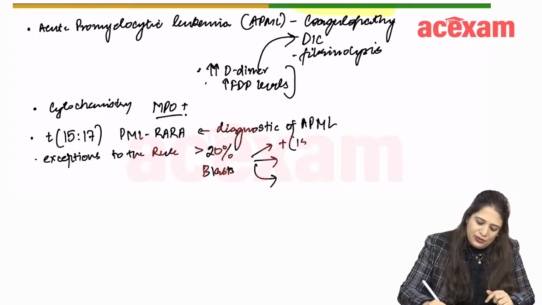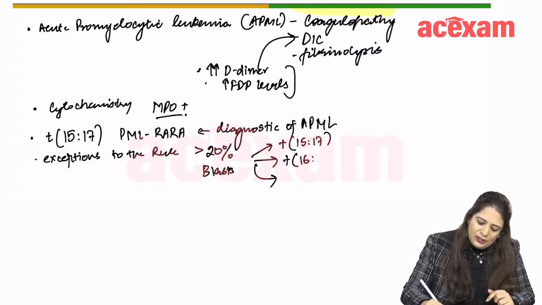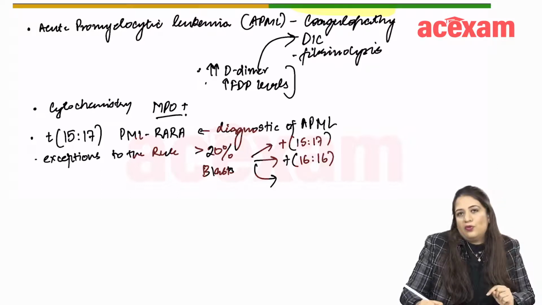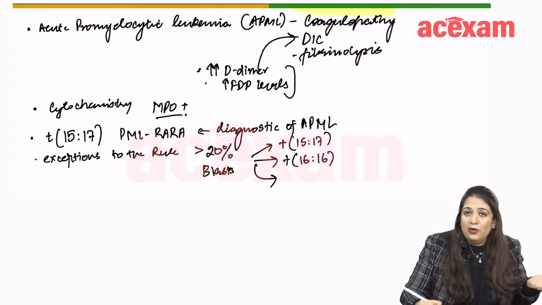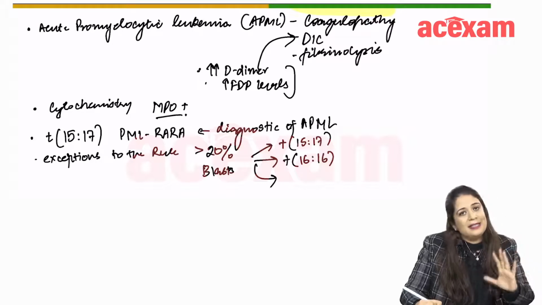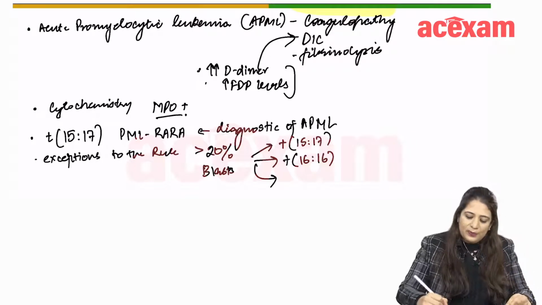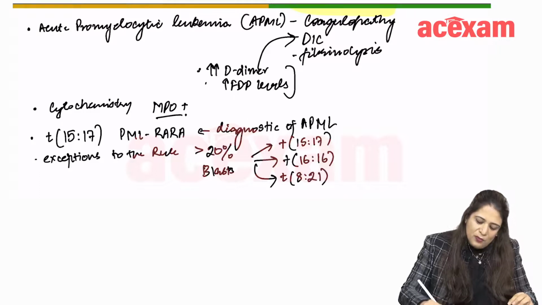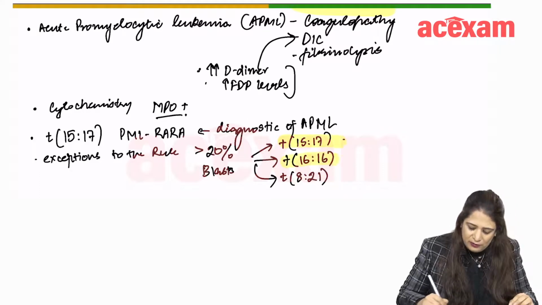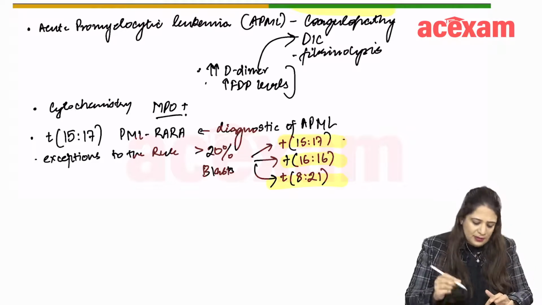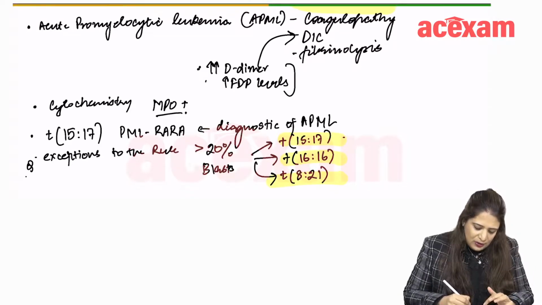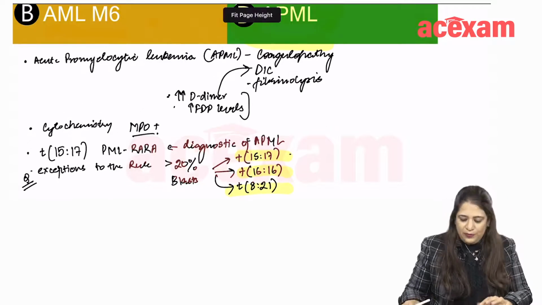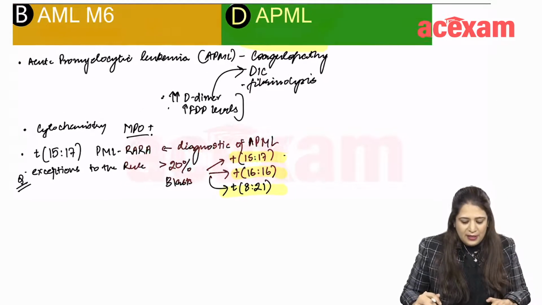One is translocation 15;17. Then if there is translocation 16 or inversion 16, that is also diagnostic of acute myeloid leukemia even with blasts less than 20% in the bone marrow. Then translocation 8;21 is one such diagnostic translocation. Now this is not must know, but it is good to know. So if you can remember, that's great.